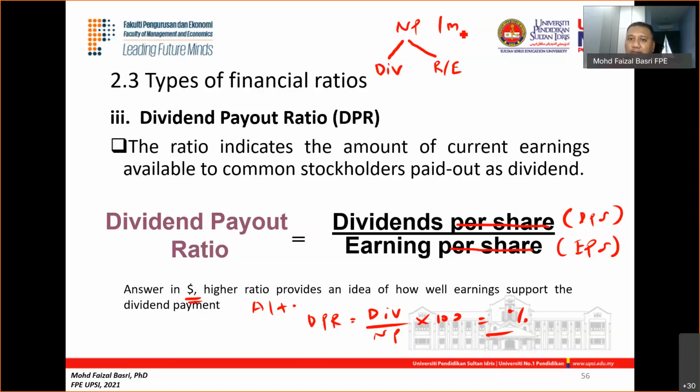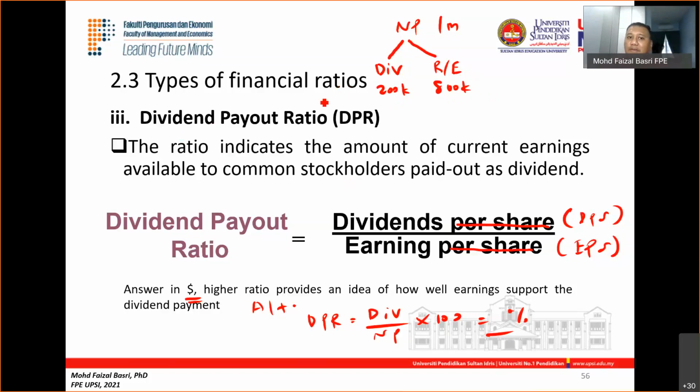The company decided, from this 1 million net profit, I will pay, I don't know, 200,000 in dividends to the shareholders. So automatically we know that out of 1 million, 200,000 will be given as dividend. So the balance, 800,000, will be parked under retained earnings.